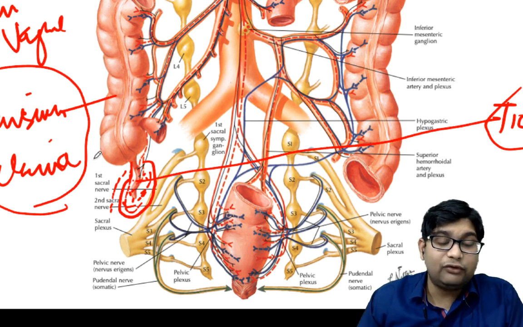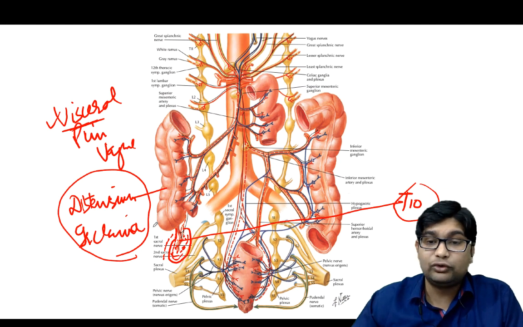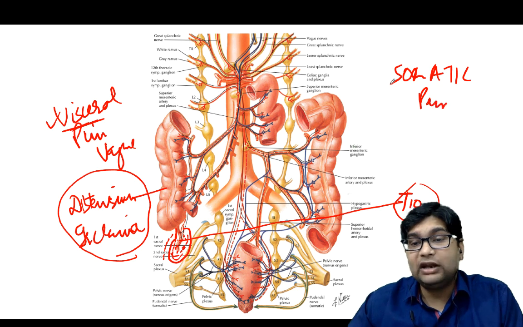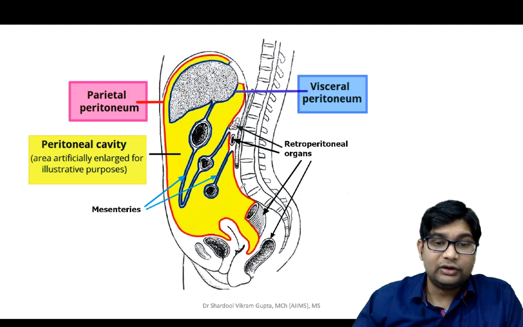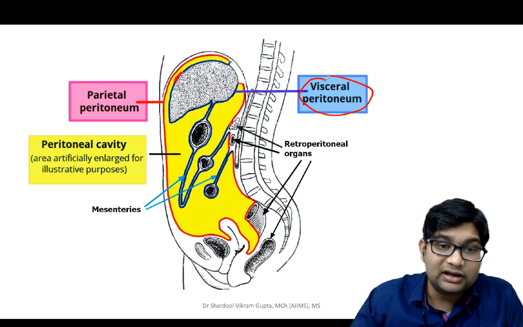While if there is involvement of the parietal peritoneum, then that is known as somatic pain, which is severe and sharply localized. As I already mentioned, there are two peritoneums: the visceral peritoneum, which covers the viscera itself, and the parietal peritoneum.